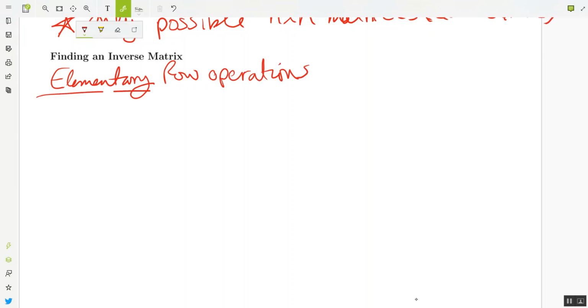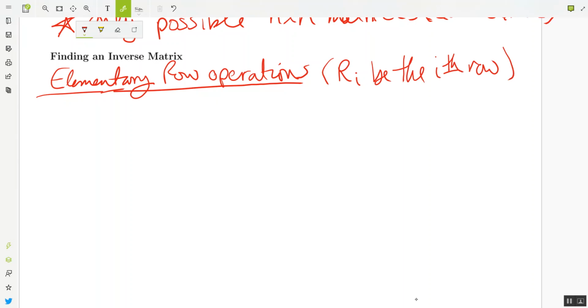So the idea is that when we do these, we're going to only do them to one row of the matrix, and we're going to identify the rows by R and then a little subscript i. So like, let R_i be the ith row. So for instance, here is one of our first moves we can do.